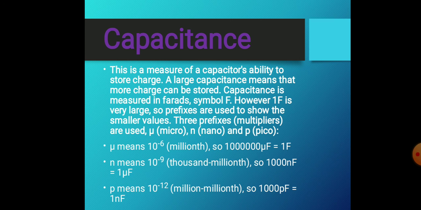However, 1 farad is very large, so prefixes are used to show the smaller values. And there are 3 prefixes that are used to show smaller values for capacitance.